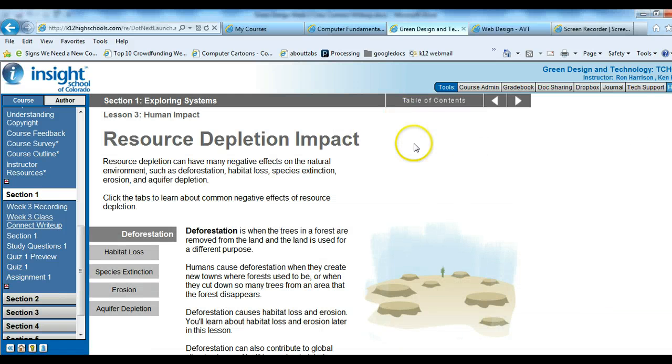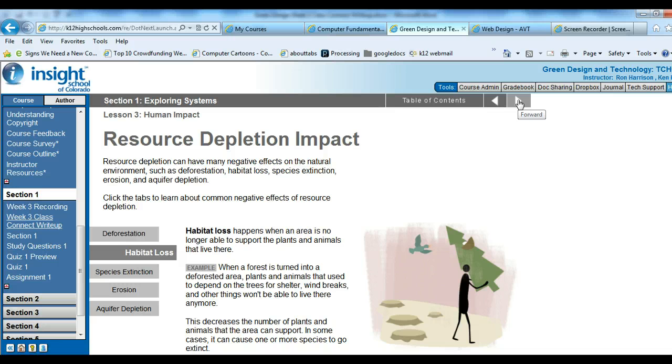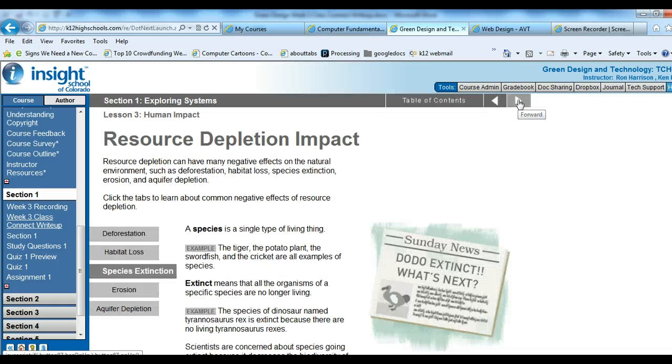The impact of resource depletion, you can see deforestation. This specific idea about resource depletion is talking about trees, to give you a real general idea of how trees are important to an ecosystem.